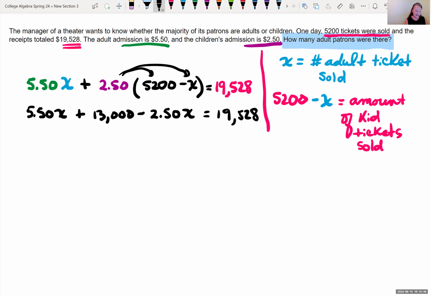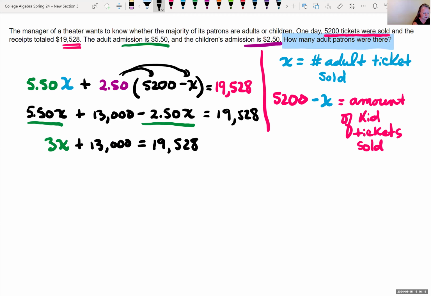I notice I have like terms on my left-hand side of the equation. Let's combine those. I have $5.50x minus $2.50x. Well, 550 minus 250, that's going to give me 3x plus 13,000 equals 19,528.